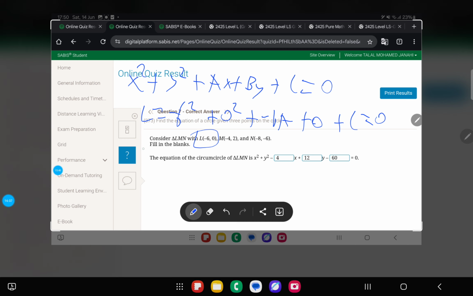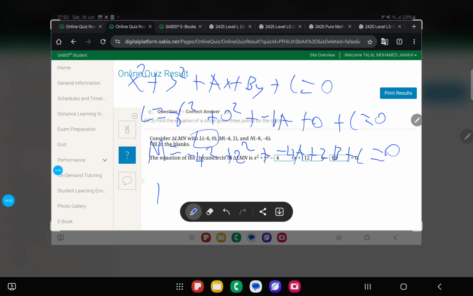And that's for L. Now we do M. Do the same thing: negative 4 squared plus 2 squared plus negative 4a plus 2b plus c equals 0.